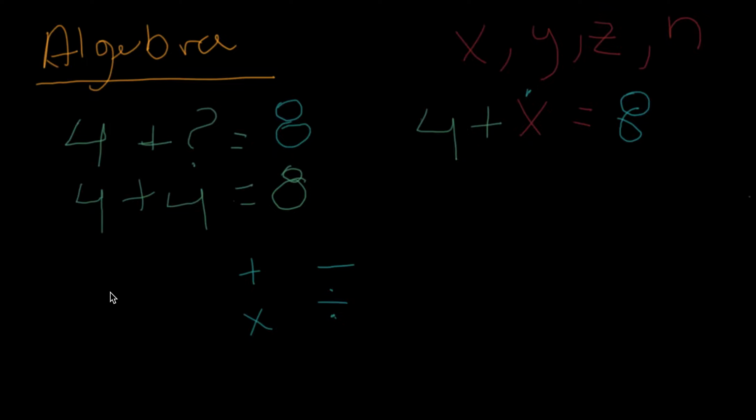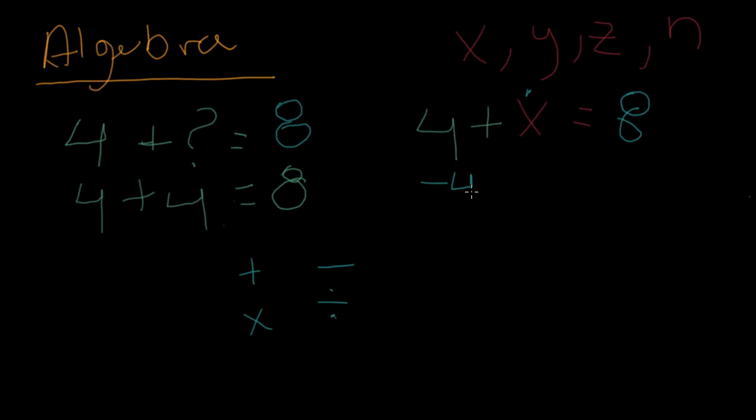So let's start to get x by itself. The first thing we're gonna do is subtract 4 to really get this x by itself. So instead of adding 4, we're gonna subtract 4.